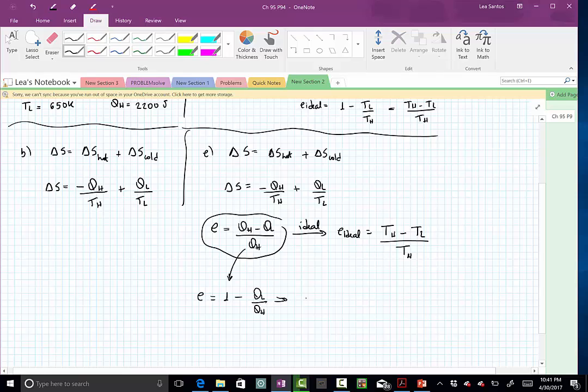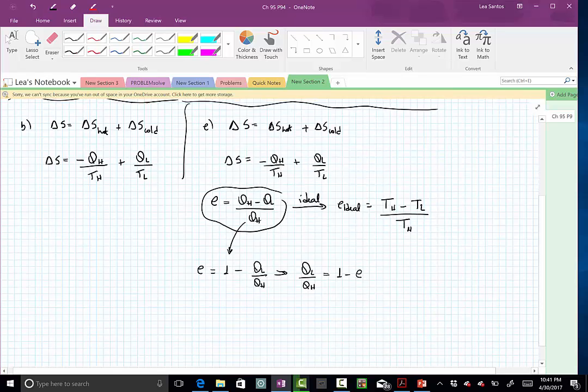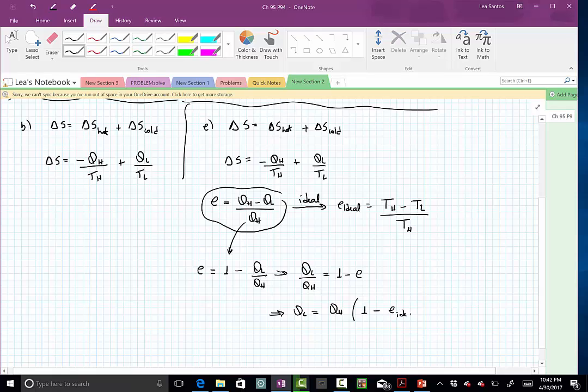This means then that QL divided by QH is equal to 1 minus the efficiency. So QL is equal to QH times 1 minus the efficiency. And which efficiency are we talking about here? The efficiency from Carnot, the efficiency for this ideal machine.